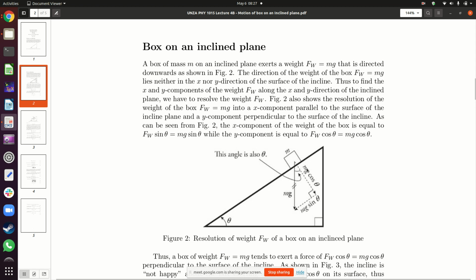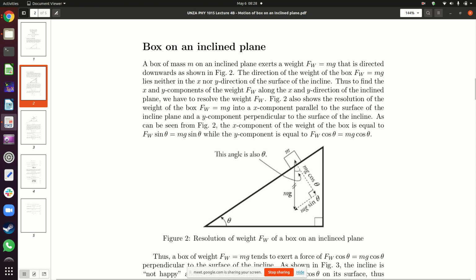So this mg cos theta lies along your y-axis, and there is an angle between the weight mg and the y-axis. That angle is also equal to the angle of the incline, this theta here. So the angle of the incline turns out to be geometrically equal to the angle between the weight of the box and the y-axis.